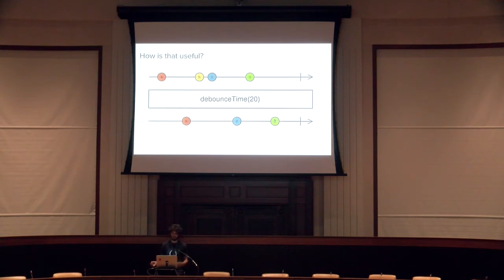And how is this useful? Think of, for example, you're trying to create a search functionality in your front-end application. Usually you will want to get search results as you type.